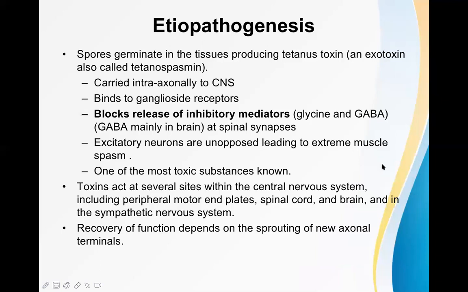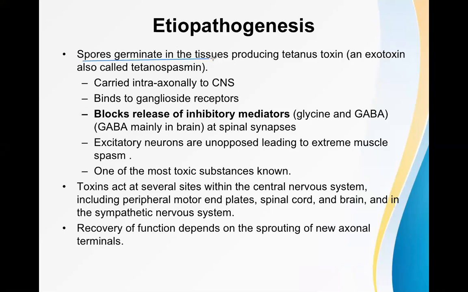Now let's talk about the important part of today's class, which is etiopathogenesis. Some of the important information I've already shared with you. After the bacteria enter the tissue or injury site, they germinate there.